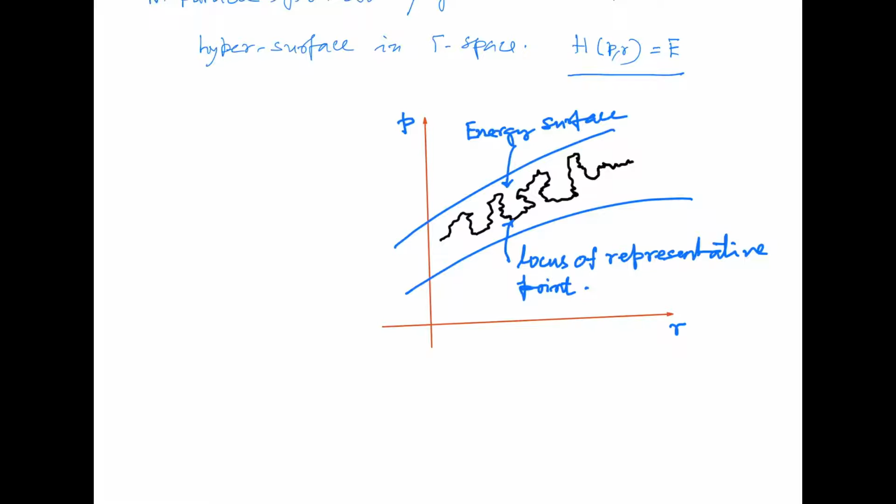So the representative point, which represents the state of a system at any moment of time, moves on this constant energy surface in a zigzag manner. Alternatively, the representation can be taken in a 6-dimensional mu space, which is also sometimes called momentum space.